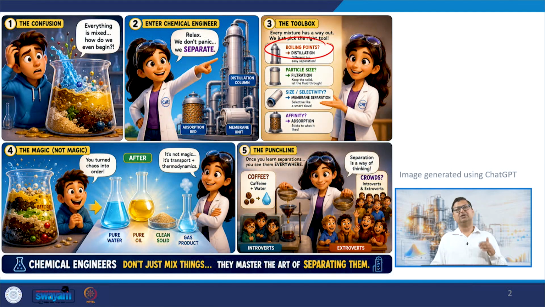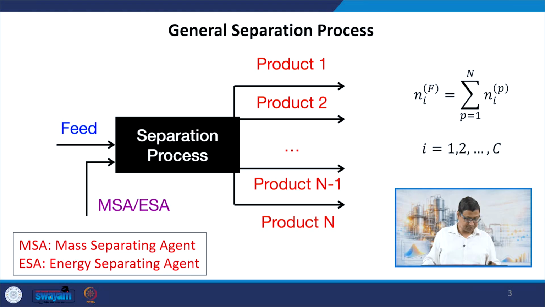And then once we choose a particular separation process, we need to see how we can make it more efficient, for example by using multiple stages or cascades, as we will discuss in the coming lectures. So the general separation process is something like this.